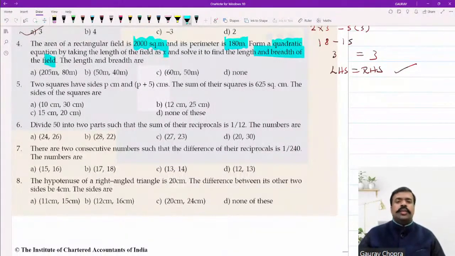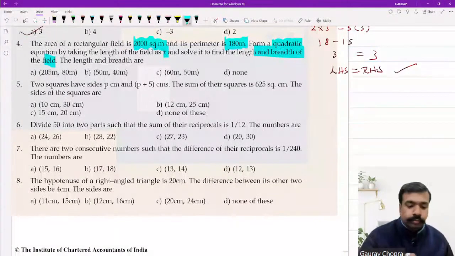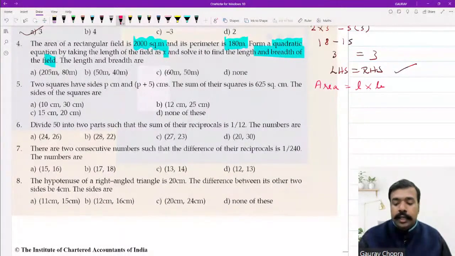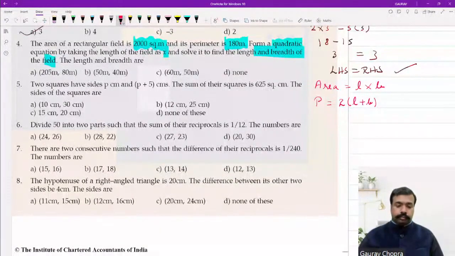Okay. So simply what we can do, we can apply the formula of perimeter as well as the area. What is the area of a rectangle? Area of a rectangle is simply L into B. And what is the perimeter? 2 multiplied by (L plus B).